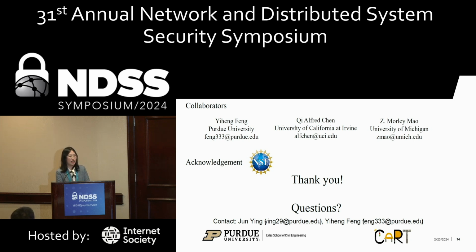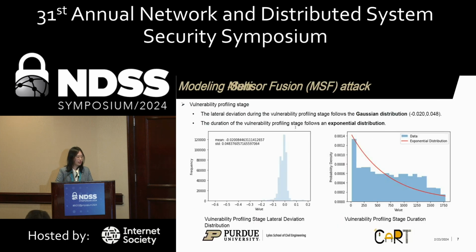For the ETA attack, for example, normally the vehicle will follow the car following behaviors, like it follows its front vehicle. However, in the ETA attack, the attacker wants to generate a falsified trajectory with an abnormal ETA. I think I have an example here.